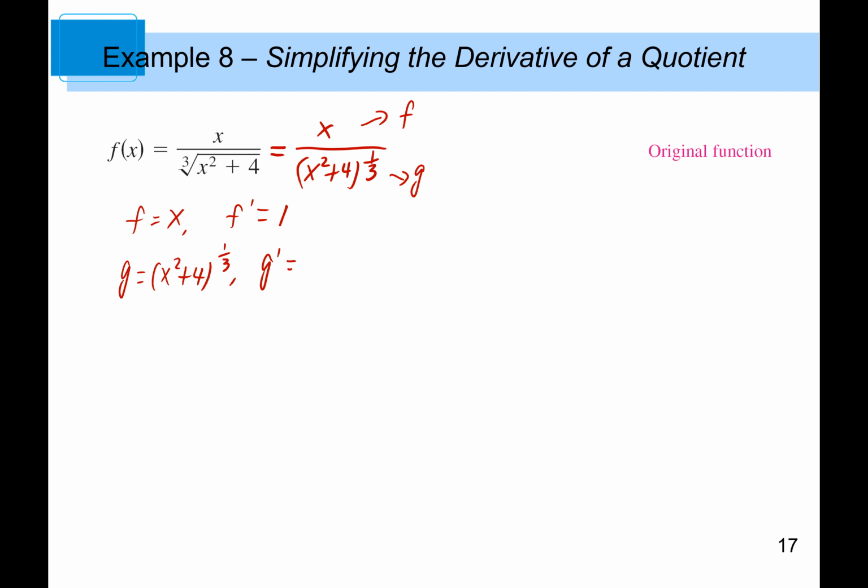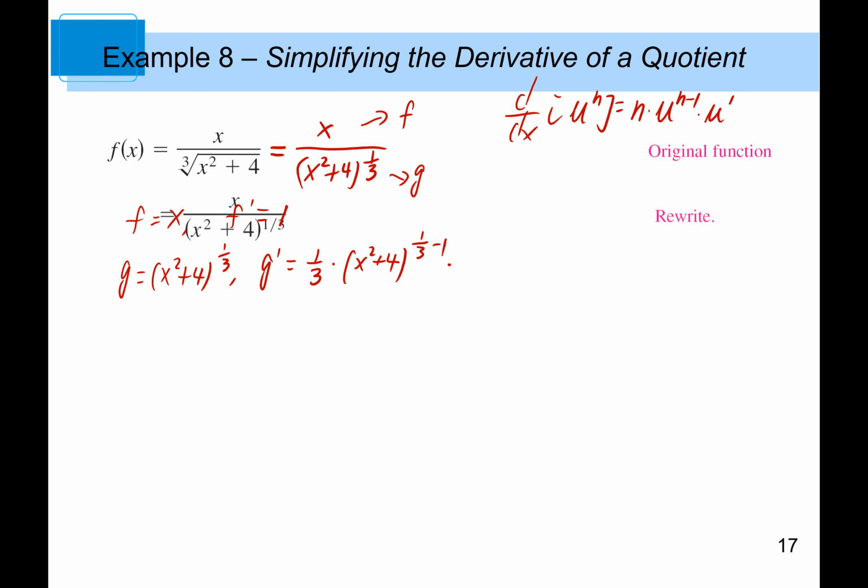For g prime, again, this is a composite function, so we use n times u to the n minus 1 times u prime, right? So put the exponent in front, 1/3 goes in front. We reduce the power 1/3 by 1.